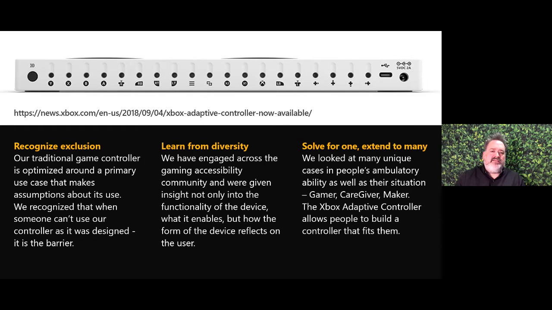And what we had to tell our engineers was that the main story of game controls is this guy, our traditional controller. The adaptive controller is all the alternate stories. This is the thing that we use to fill in everybody who can't use this, right? So there isn't one case, there's a bunch of cases. And once we wrapped our heads around that, it became a lot easier to move forward.